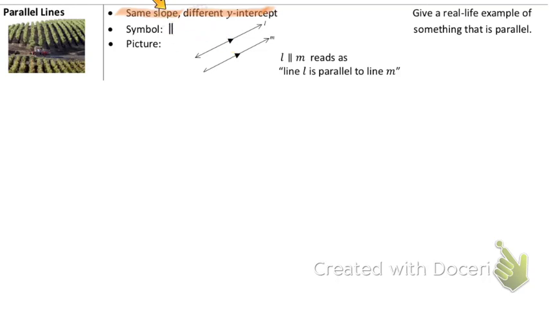That means they have the same slope. They go in the same direction. They will never intersect. Okay? So it's important to understand that. Parallel lines never intersect. Never intersect or never cross. All right?